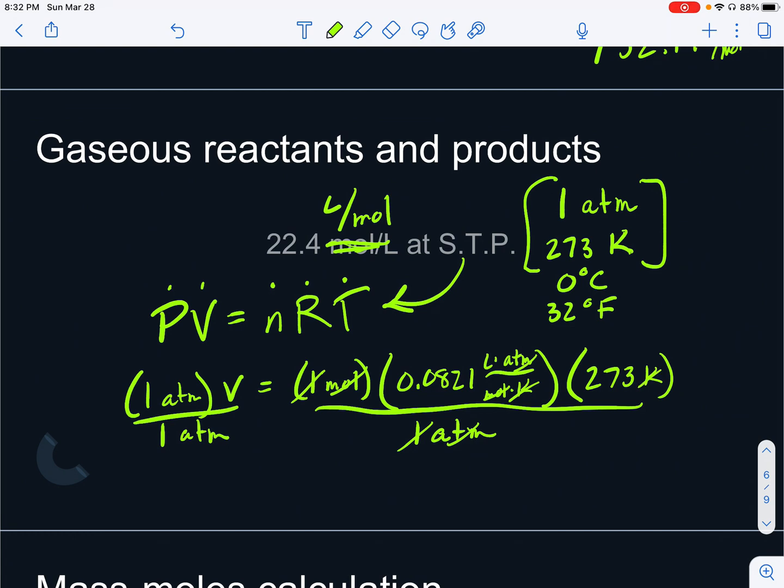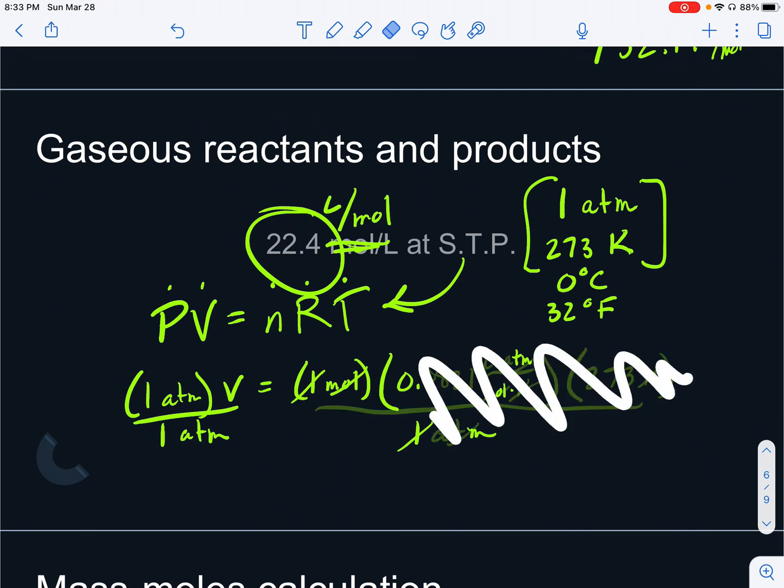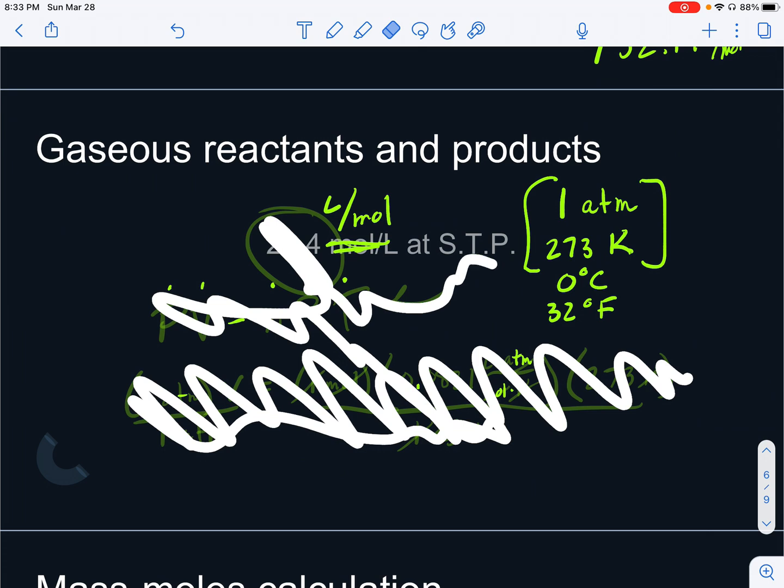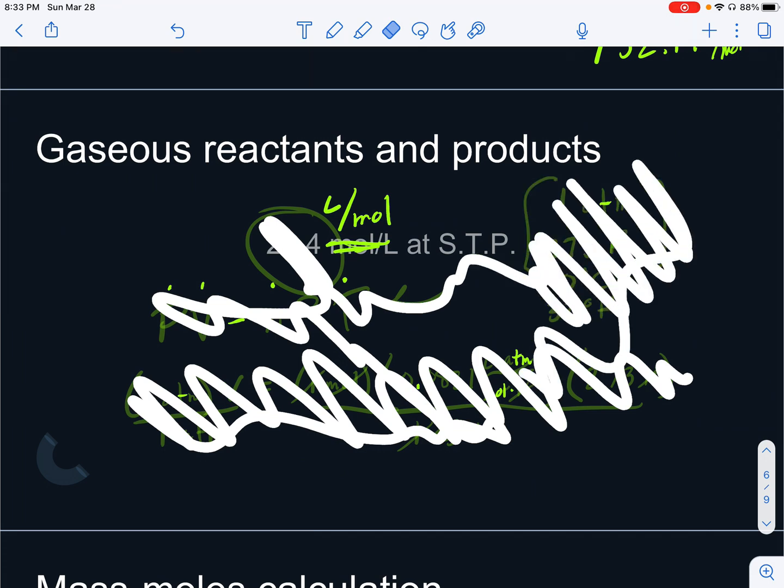And if you multiply 0.0821 times 273, you will find out that that equals 22.4. This equation is what you have to use if you ever have a gas that's not at standard temperature and pressure, but usually in introductory chemistry, we focus on working just with things at standard conditions, because then we could use this kind of shortcut number, 22.4 liters per mole, of a gas.